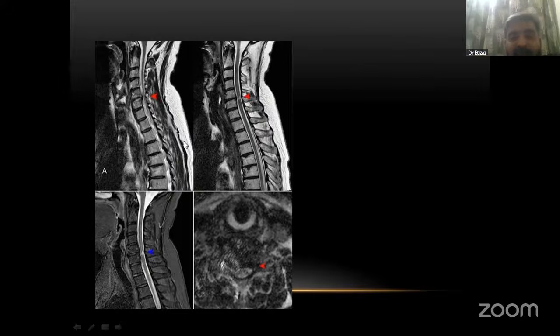Okay, so actually, I want to tell you the indications of the anterior cervical approach. The indication is mostly when the pathology is anterior to the spinal cord.